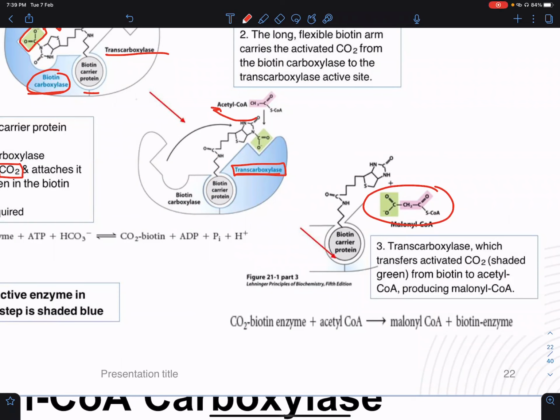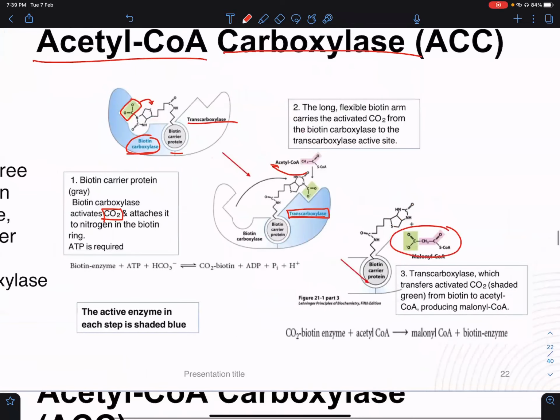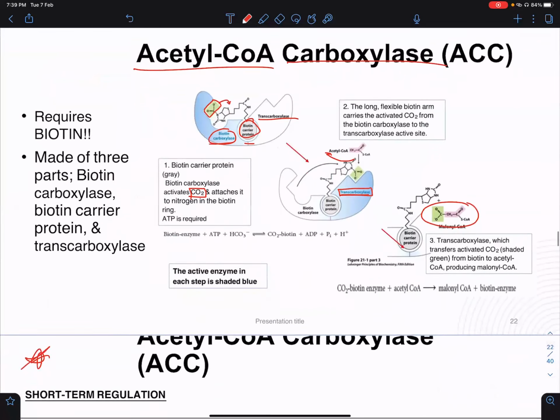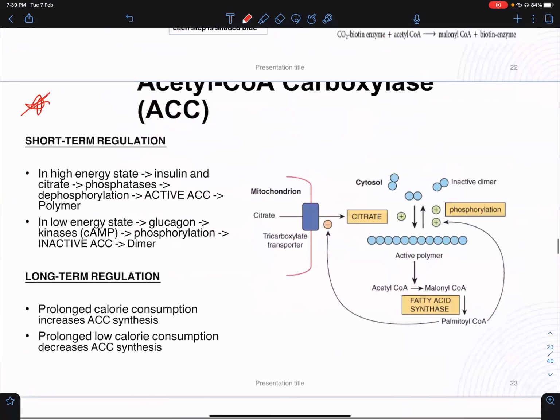Oh, okay, I got it. Okay, thank you. No problem. So the biotin carrier protein is just moving the biotin from the biotin carboxylase to the trans carboxylase. It's just swinging the arm around, you know? It's not really doing anything. So that's it.